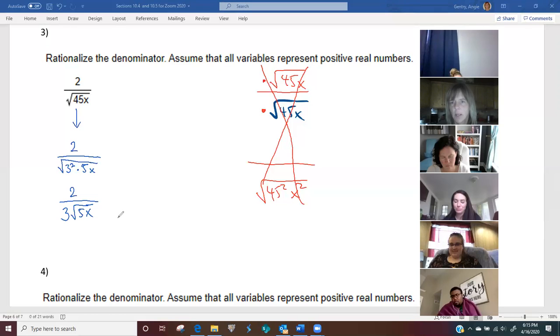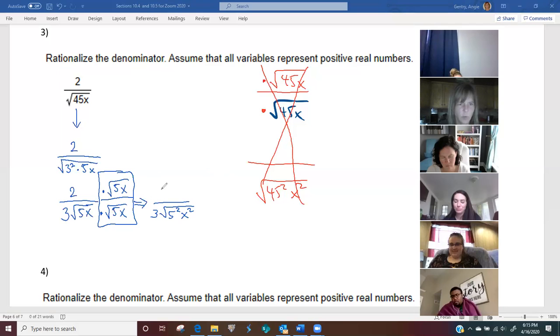That's good stuff. Square root of 5x, because that causes 3 square root of 5 squared x squared. And that was my goal. But whatever I do downstairs, this here has to be 1. Square root of 5x divided by square root of 5x equals 1, meaning I changed nothing on the value of this expression.